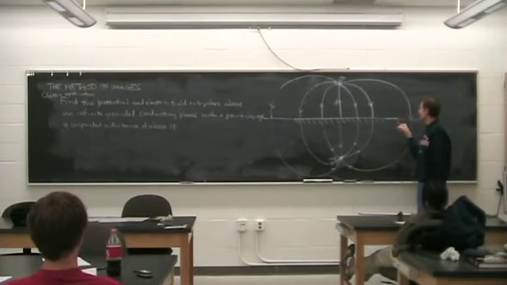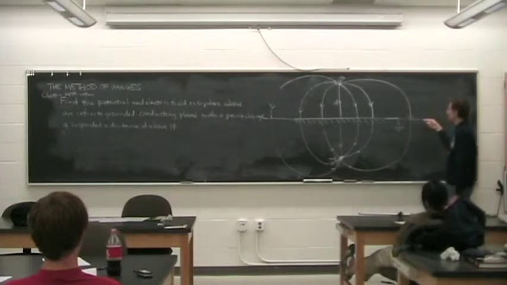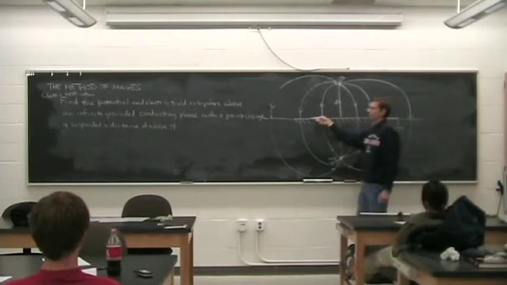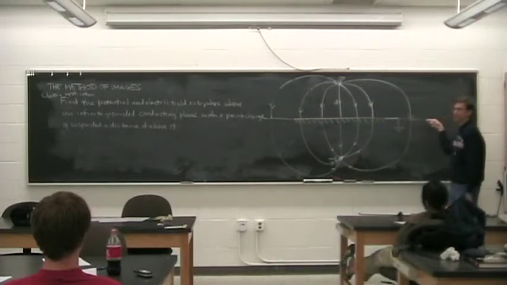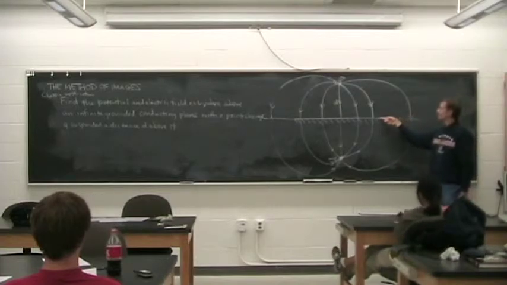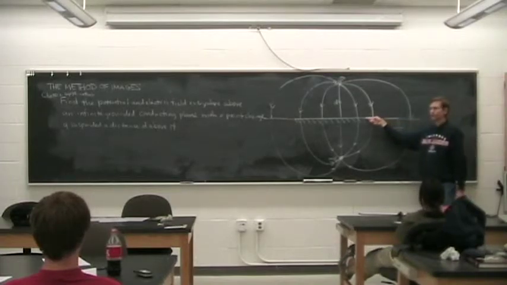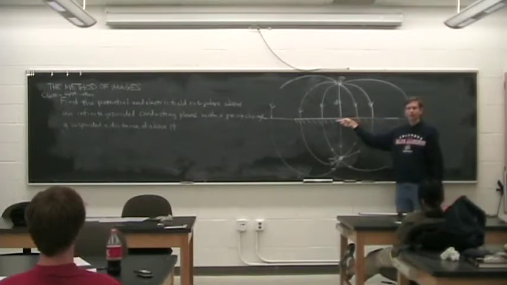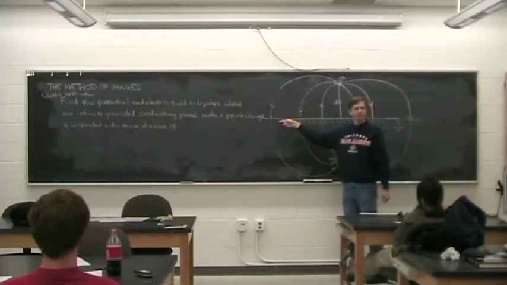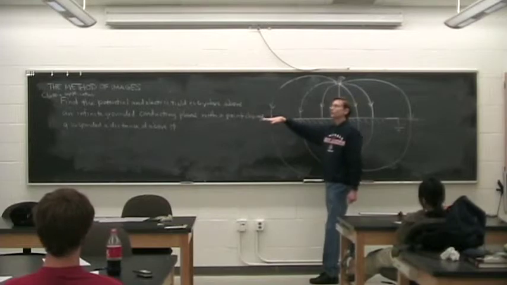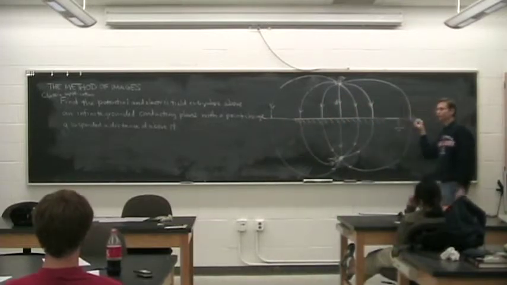Not only that, will it be true that this plane is an equipotential? Forgetting that it's a conductor, just the 2 point charges, is this plane an equipotential? It is, because if I move along the plane, the direction of the electric field is perpendicular to the plane. So how much work is the electric field doing? None, right? Because the force will be perpendicular to the motion. So the plane is an equipotential.